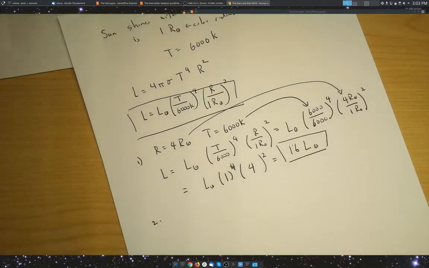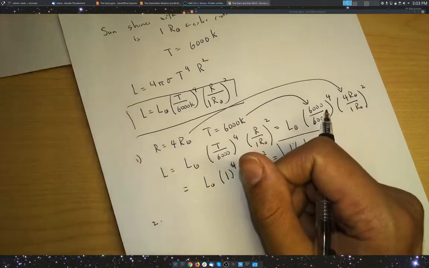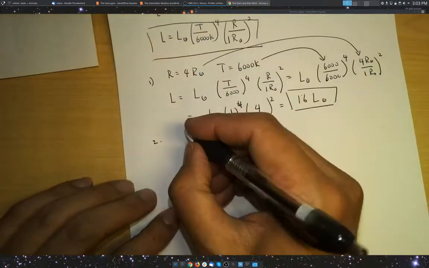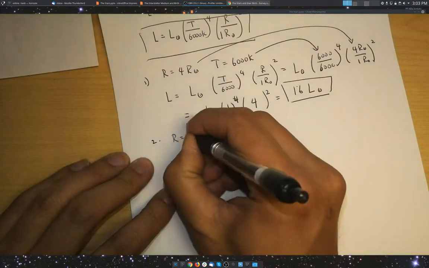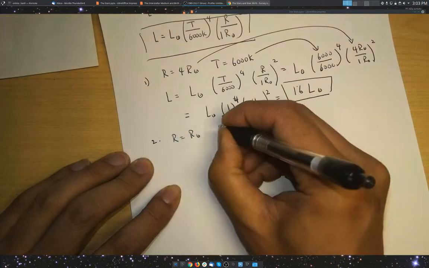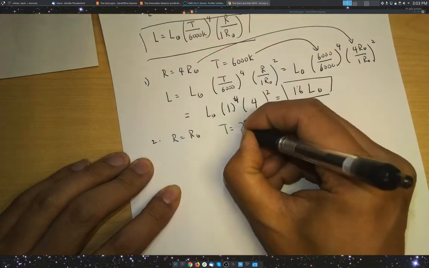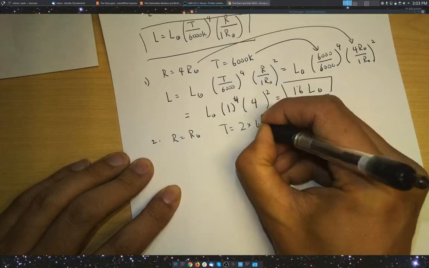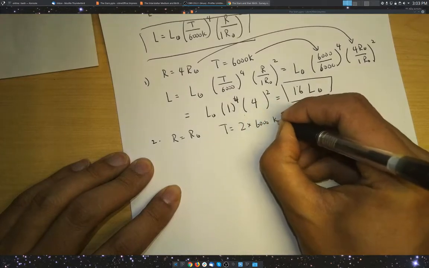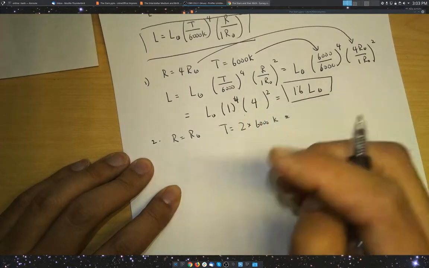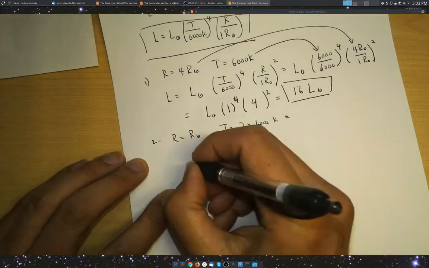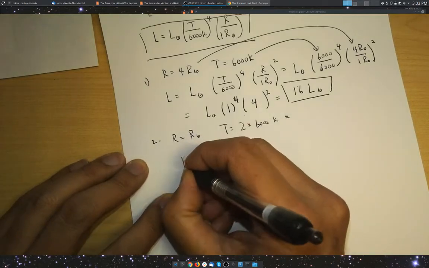Number 2. Hopefully you guys are able to see the slide as well. If not, go ahead and print it out. How bright is a star that's the same size but 2 times hotter? So R is the same size, and T is 2 times hotter, so 2 times 6,000 degrees Kelvin, which we'll leave like that. Let's try the formula.